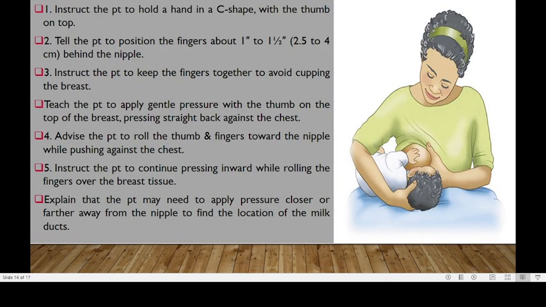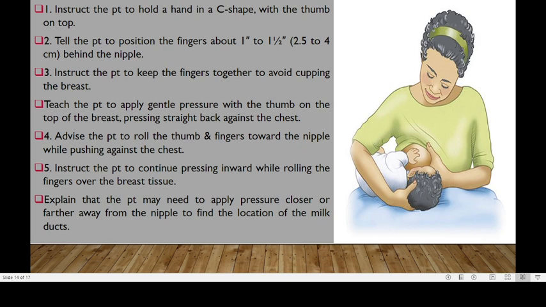You instruct the mother to hold a hand in a C-shape with the thumb on top. You tell the mother to position the fingers about 1 to 1.5 inches behind the nipple, and to keep the fingers together to avoid cupping the breast. You teach her to apply gentle pressure with the thumb on top of the breast, pressing straight back against the chest.